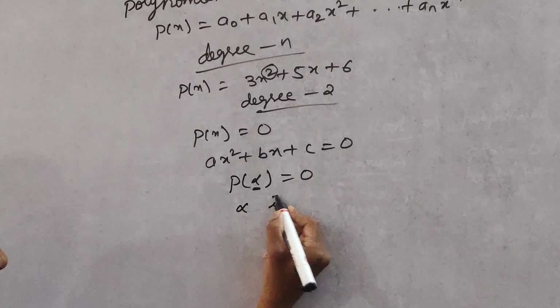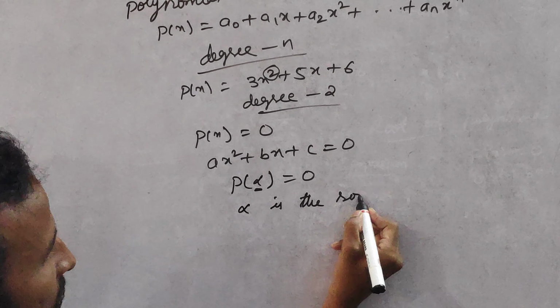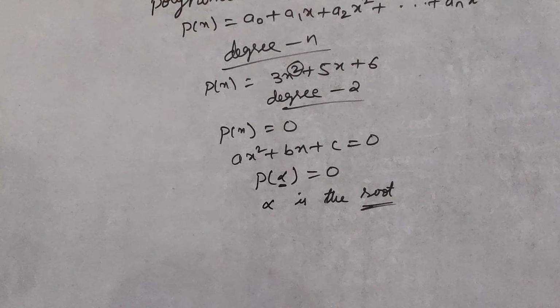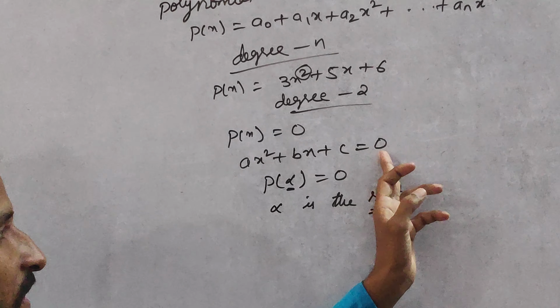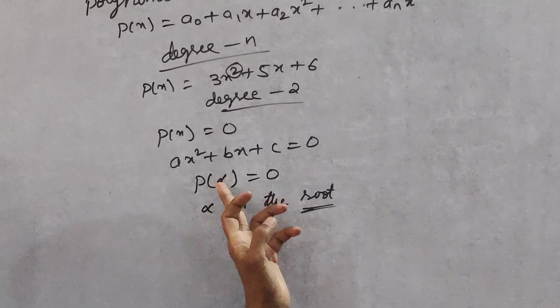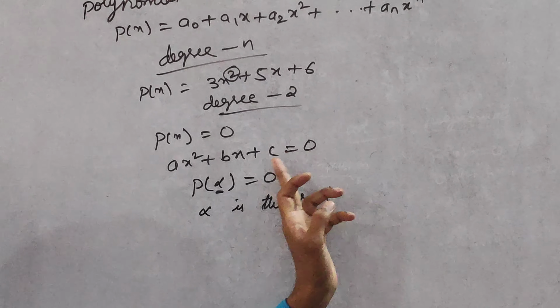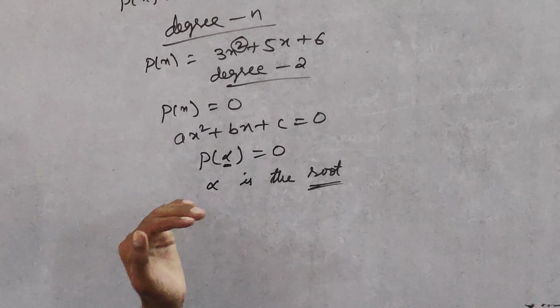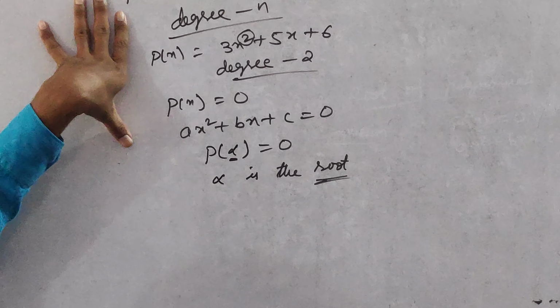If in place of x you substitute alpha and you get 0, then we say alpha is the root. So this is about polynomials.